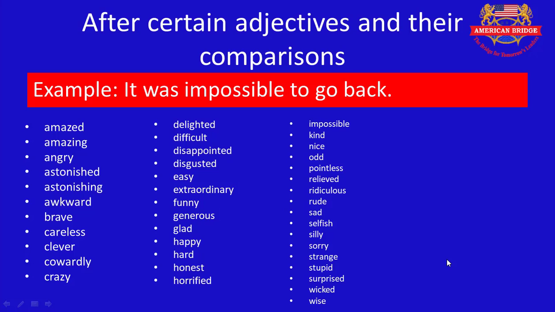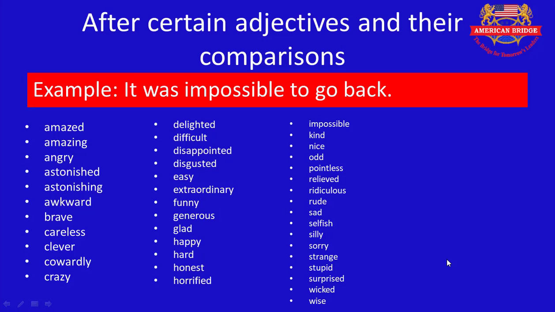Okay, so last but not least, you see here, after certain adjectives and their comparisons. These are adjectives that are followed by the to infinitive as well, everyone. Like "it was impossible to go back," not "it was impossible going back."